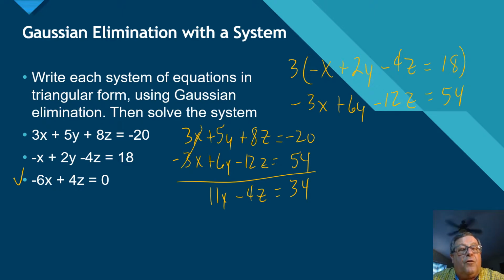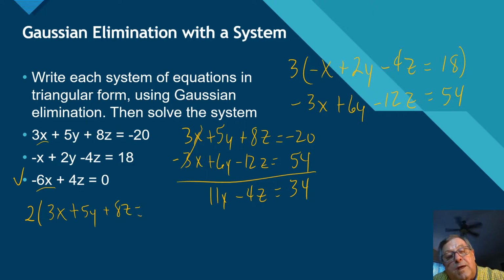Now I'm going to take the first and the third equation and also eliminate the x variable. I see here that this is negative 6 and this is 3, so I'm going to multiply the entire first equation by 2 to give me positive 6x. So 2 times 3x plus 5y plus 8z equals negative 20.